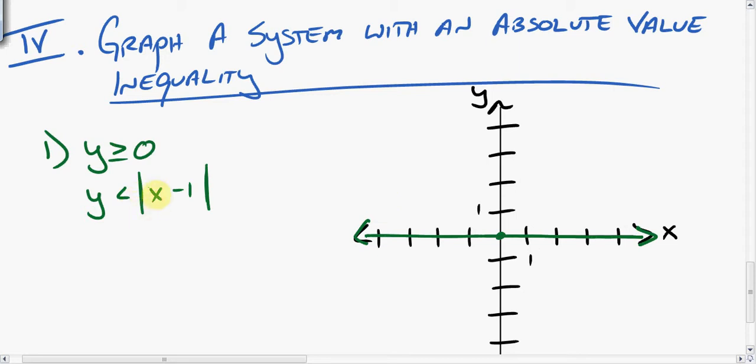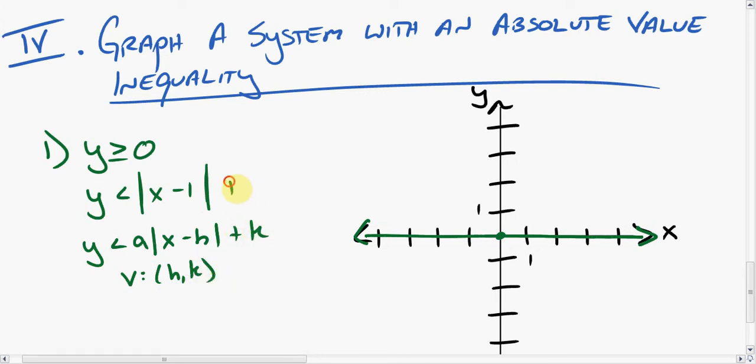The second one, we've got the absolute value of x minus 1. If you remember graphing with absolute value, you can definitely tell your vertex. Y is less than a times the absolute value of x minus h plus k, as a reminder, and our vertex is going to be h comma k.